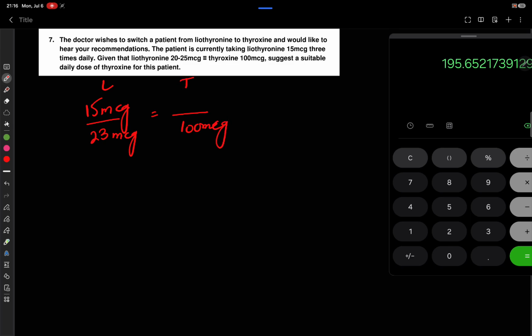We have to calculate how many micrograms of thyroxine will be equivalent to 15 microgram.